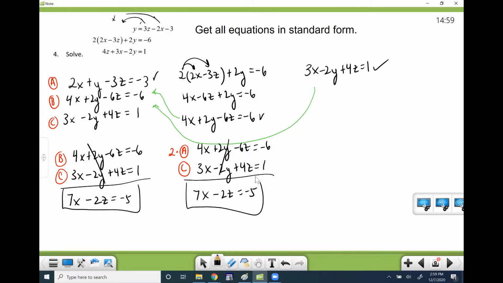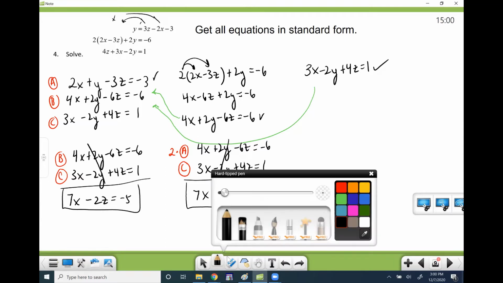Okay, this is weird because we normally put these two together now, right? Okay. Let me put that over here, I guess.